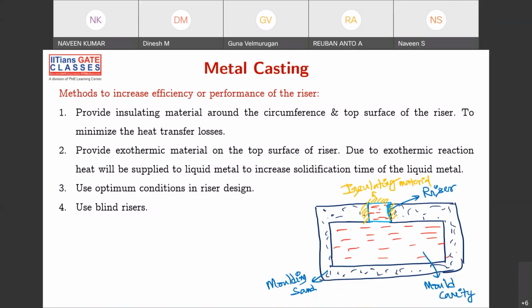The casting should solidify faster than the riser. Because of that heat, the riser will not solidify faster than the casting. So that is the reason we use exothermic material for directional solidification, as well as for maintaining the temperature of the riser. Is it okay, guys?